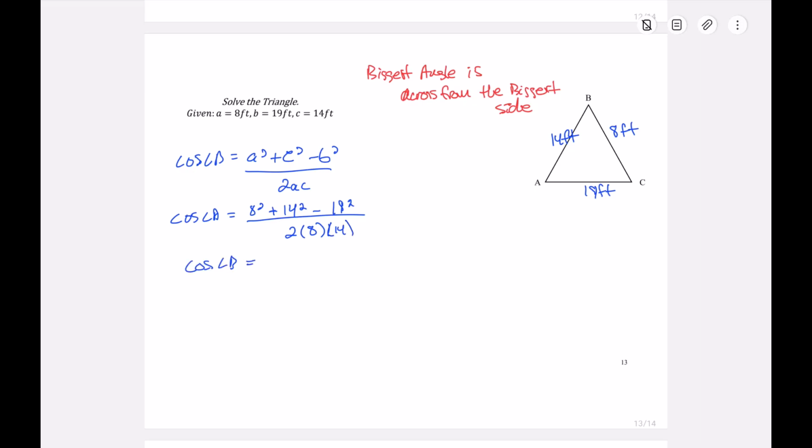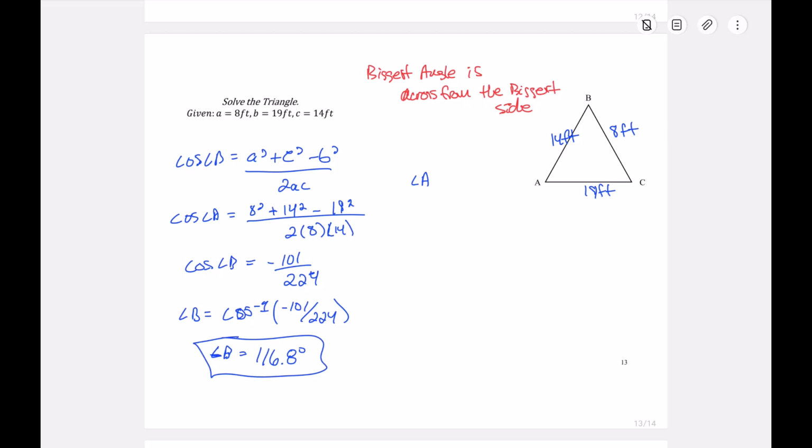When we plug that into our calculators, we get negative 101 over 224. If we want the angle, we're going to do the inverse, so cosine inverse of negative 101 over 224, and that will give us an angle of approximately 116.8 degrees.